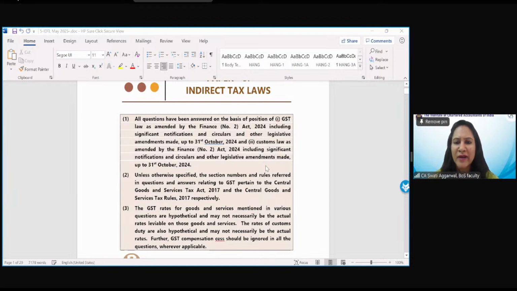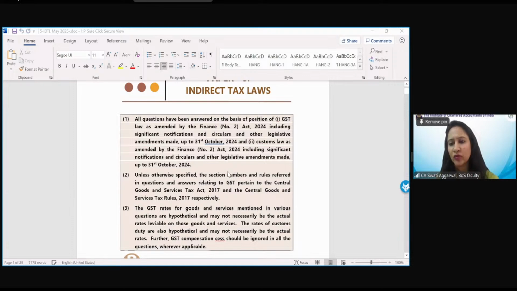So all the amendments made by the Finance (No. 2) Act 2024, which have become effective up to 31st October 2024, are only applicable for the May 2025 examination.